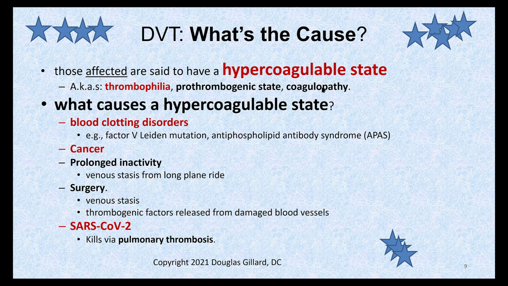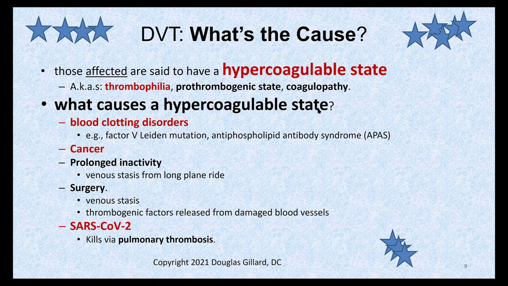It's not a great term to use because coagulopathy means a pathology of coagulation. Maybe they clot too much, maybe they bleed, maybe they don't clot enough. So this is a horrible word. I won't use it, but just keep that in mind if you see that on a test, a board question. They probably mean hypercoagulable state with that. But hopefully the boards has that word removed from all their questions.